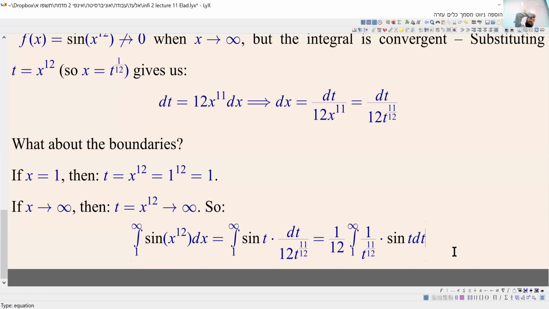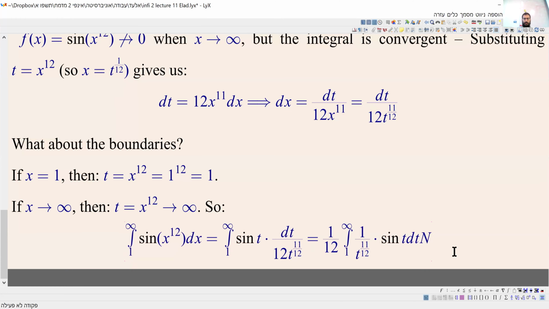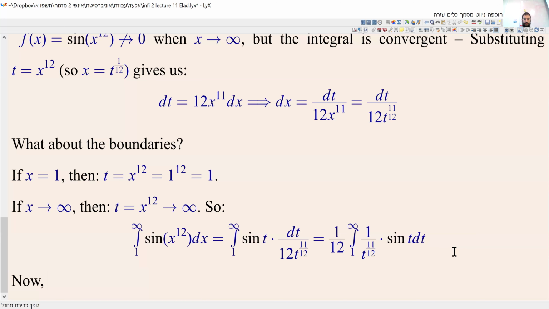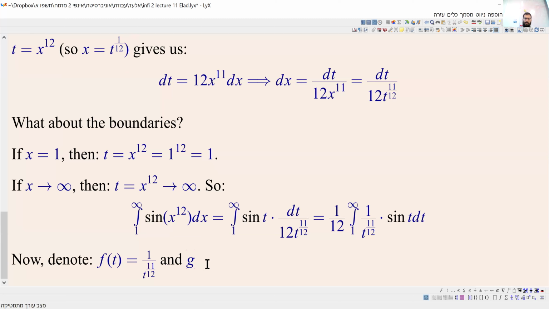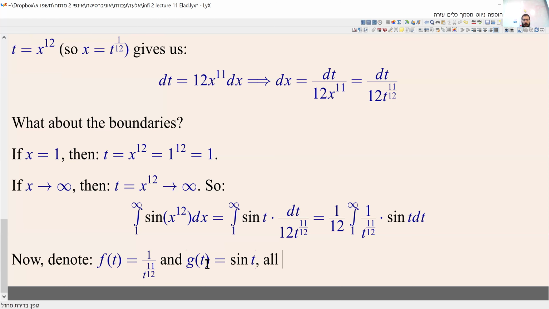We mentioned last Sunday the Dirichlet test. Dirichlet's theorem says that if we have a multiplication of functions, now denote f to be the fraction and g to be the sine, we have all the ingredients for Dirichlet to put up some work.